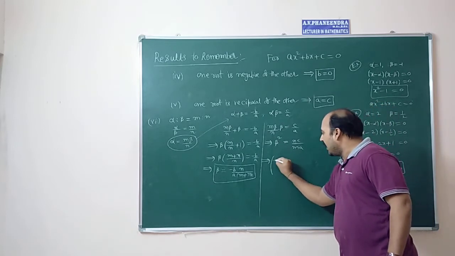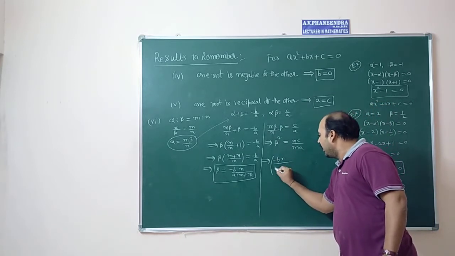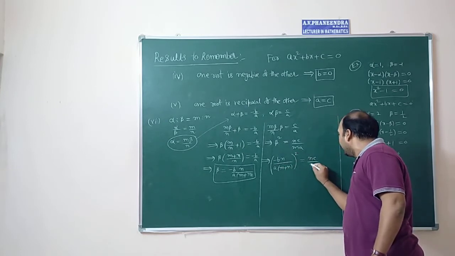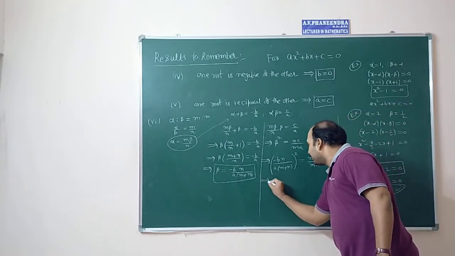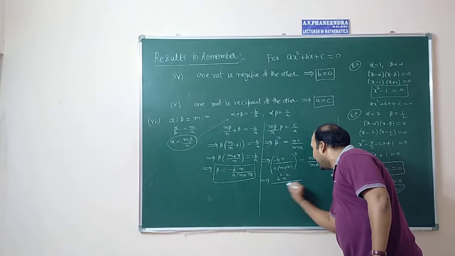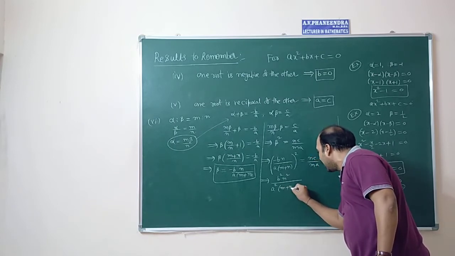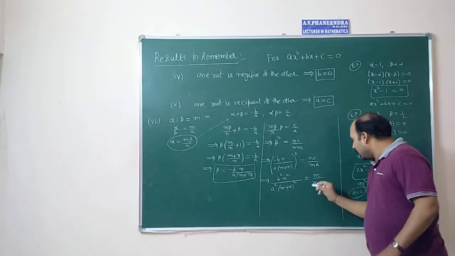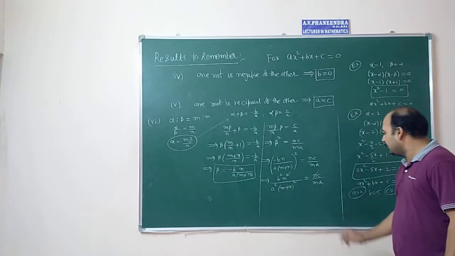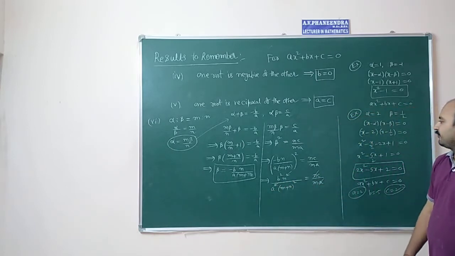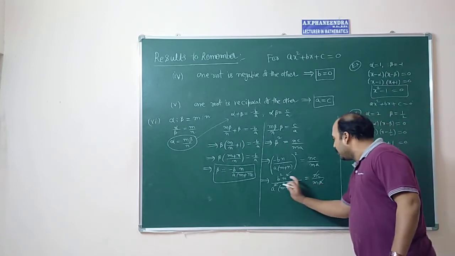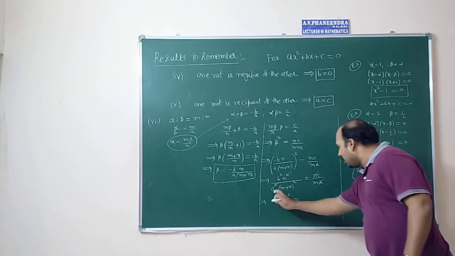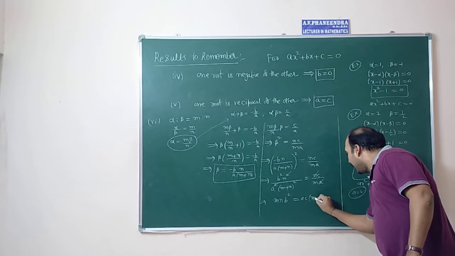So beta square means b square n square divided by a square into (m plus n) whole square is equal to nc divided by ma. Now here n gets cancelled, here a gets cancelled. Now cross multiply: mn into b square is equal to a into c into (m plus n) whole square.